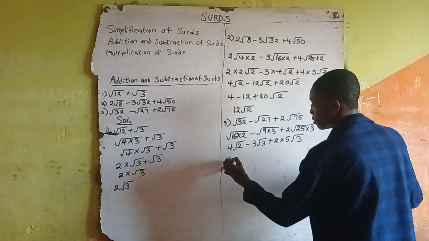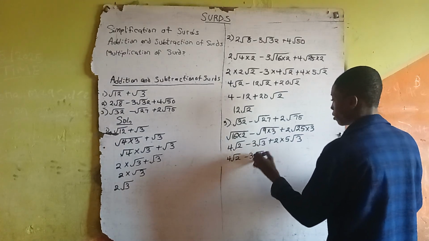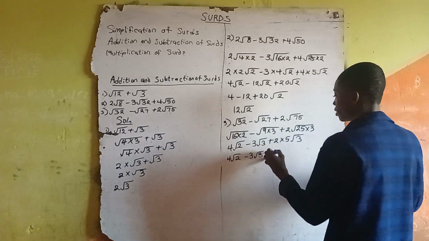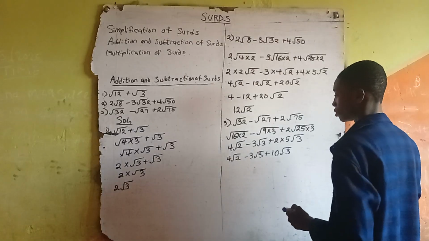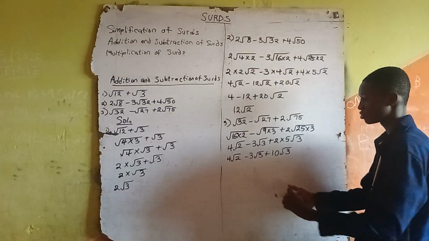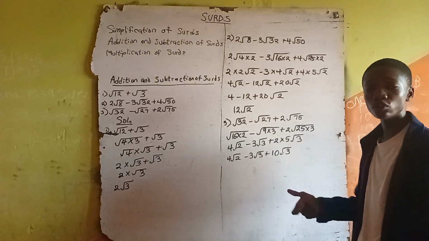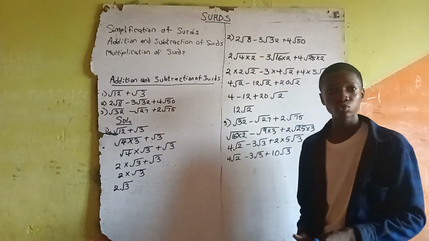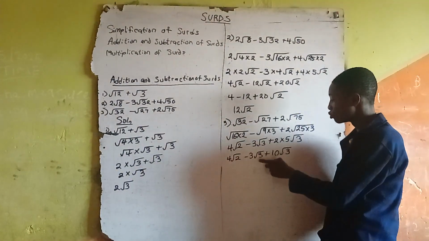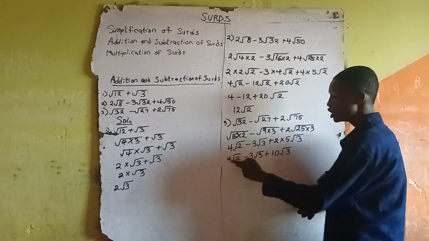This one is still the same. This one is still the same. Plus 2 times 5 is what? Is 10 root 3. Now, before we bring out the whole numbers, we are going to check our roots. We only have two of the same roots here, which are root 3 and root 3. So we can only merge these two together. This one will be on its own.